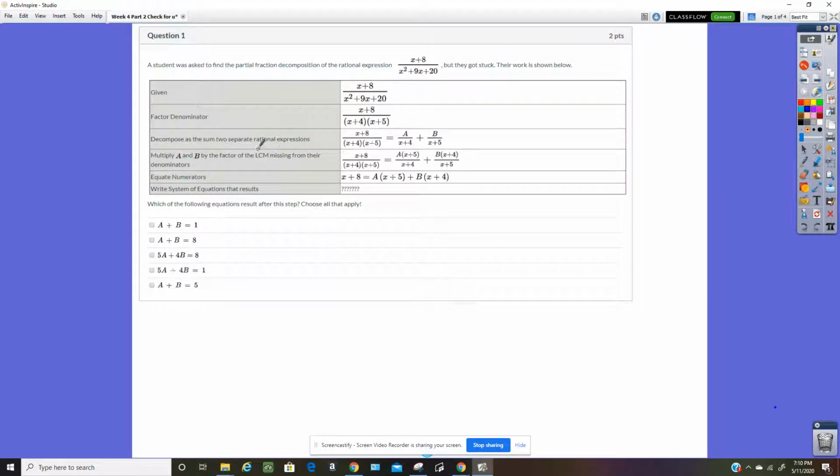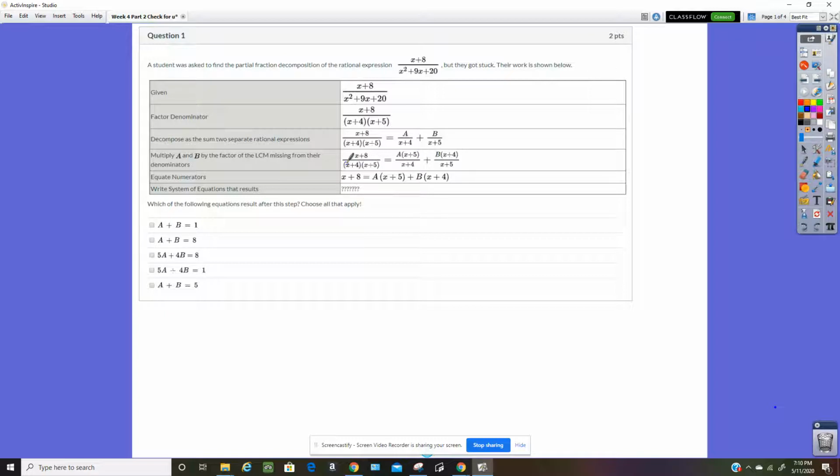And then you decompose the rational expression into two separate rational expressions. So A over the first factor, x + 4, plus B over the second factor, x + 5. And then you want to multiply by the missing factor here.